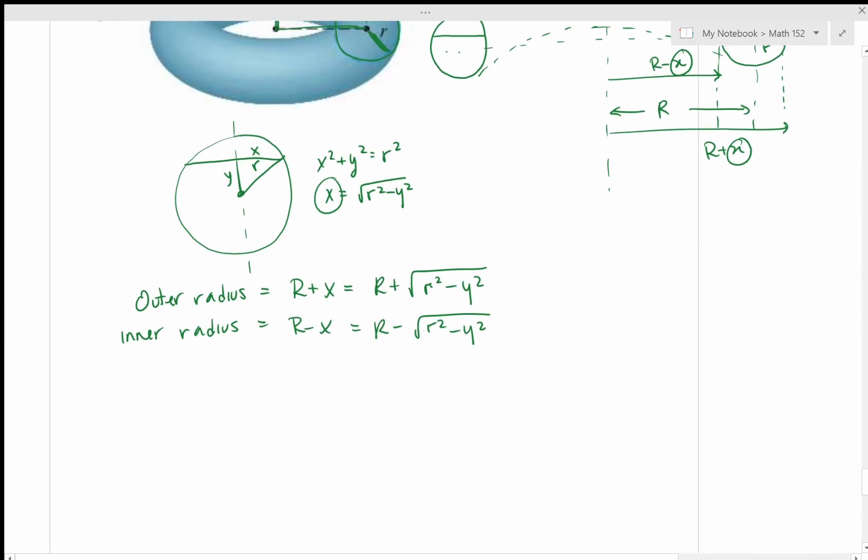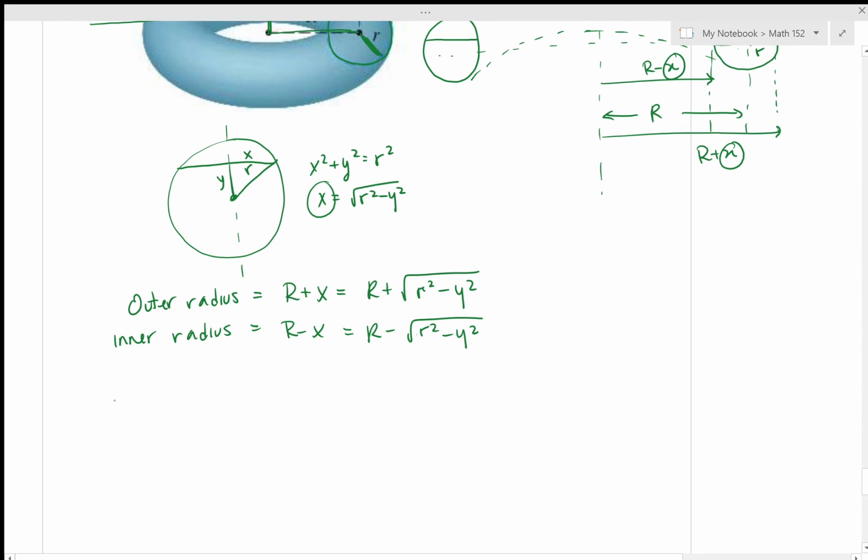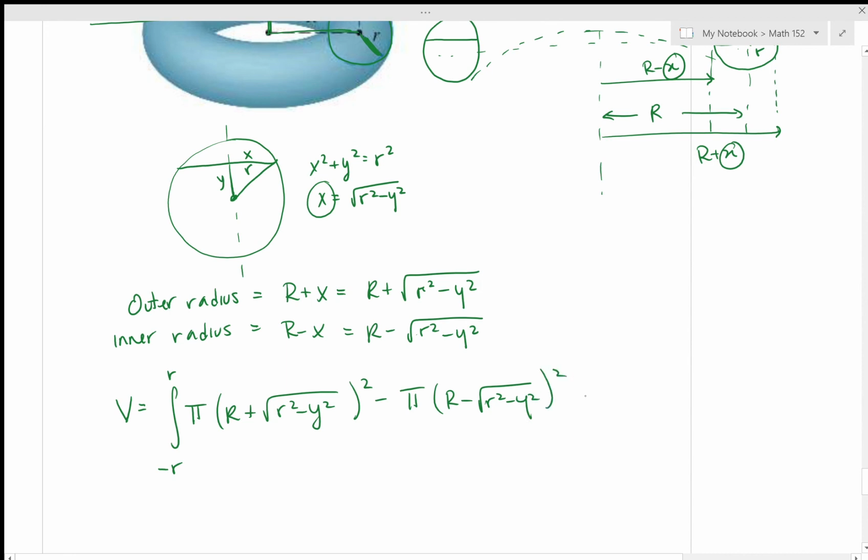Okay, so now I want to integrate the volume of my torus. I want to integrate from minus r to r of the outer radius squared minus the inner radius squared, and I integrate with respect to y.